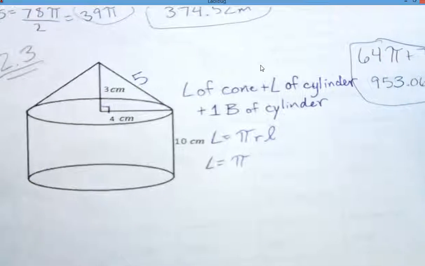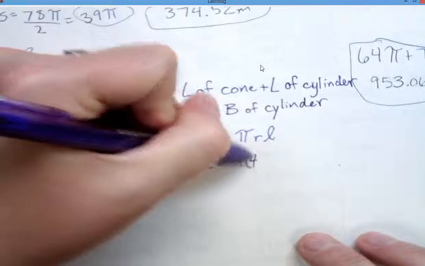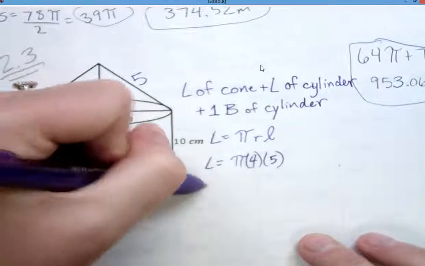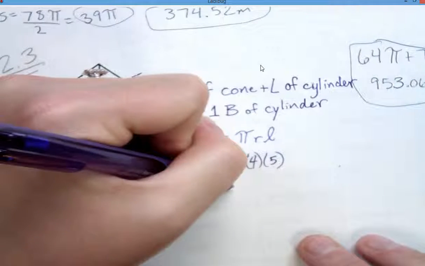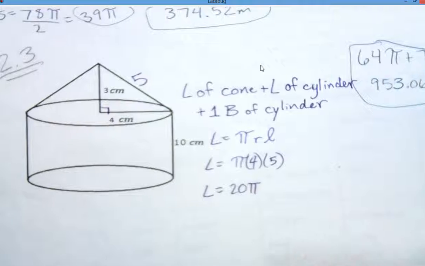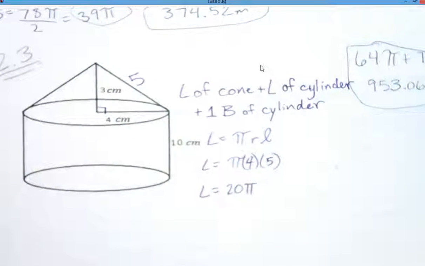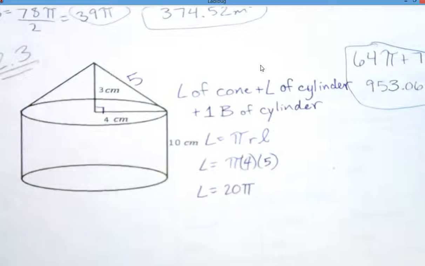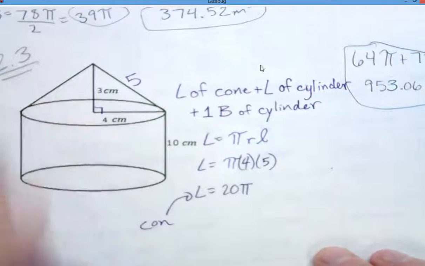So it's the same thing, but it just looks different. So pi times the radius times the slant height. So the lateral area of our cone. When you said 20 pi, it sounded like you said 25, so it confused me. But I get it now. So that's the lateral area of our cone.